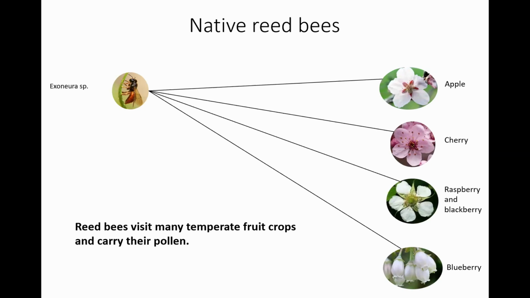When they were caught on crop flowers, they're often carrying large amounts of crop pollen, which suggests they might be good pollinators because they're moving that pollen around. But to be sure, you need to take the next step and see whether they're putting that crop pollen on the stigmas of the crop flowers and influencing fruit production through that pollination.